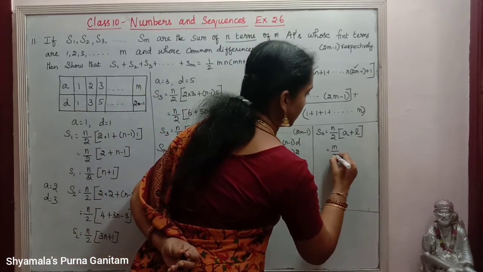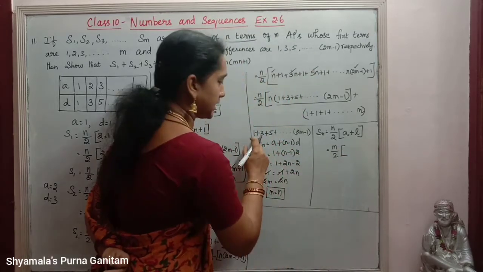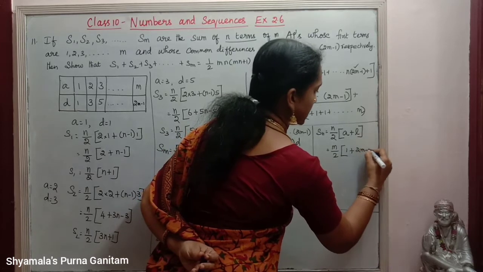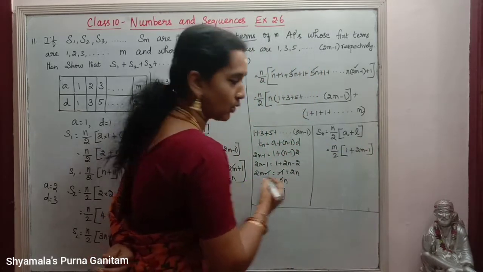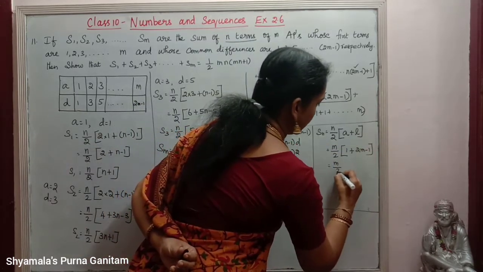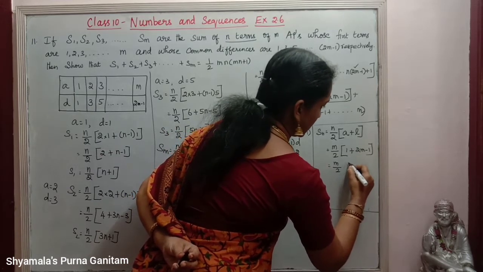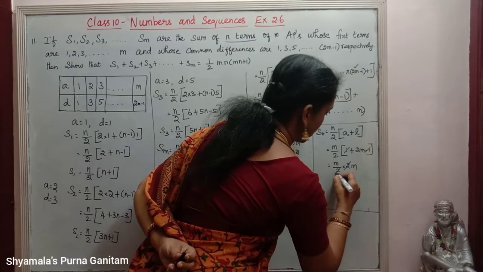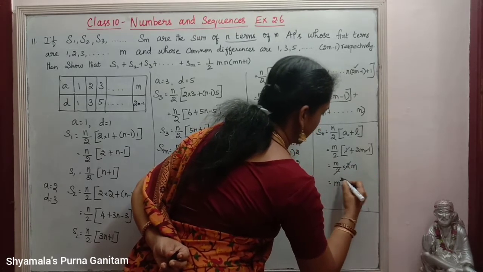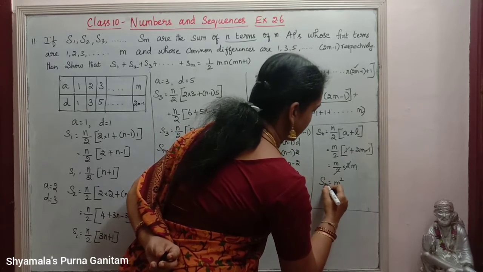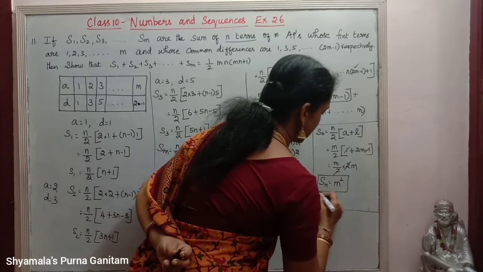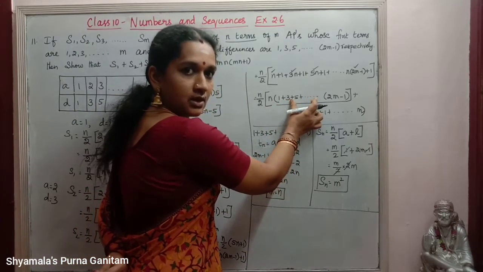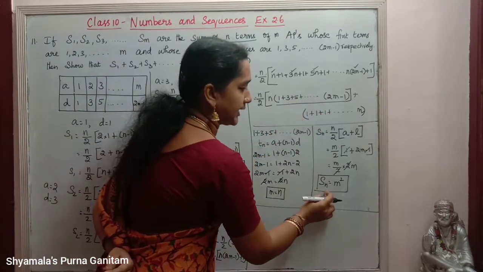So m by 2 into first term 1 plus last term 2m minus 1. Here plus 1 minus 1 will get cancelled, giving 2m. This 2 and 2 will get cancelled, and we will get m squared. So the sum of m terms we are getting as m squared for this one.